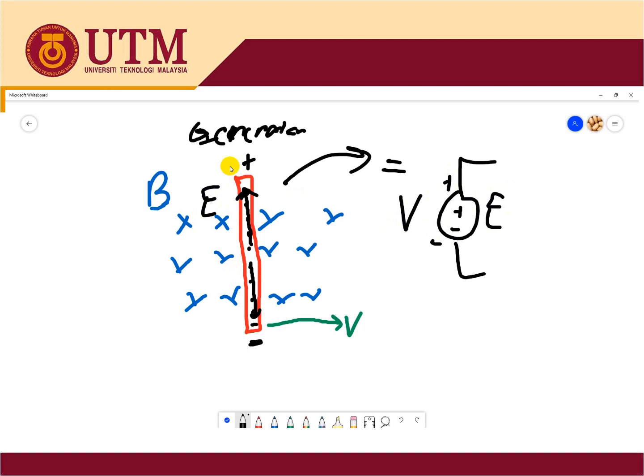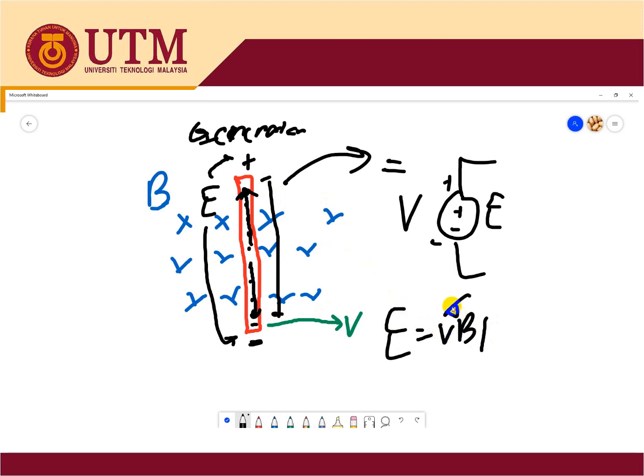So the voltage across from here to here, you can calculate using this formula: E equals B V L. L is the length of this rod, B is the magnetic field, and V is the velocity. So you determine the voltage based on this formula. Just memorize this formula.